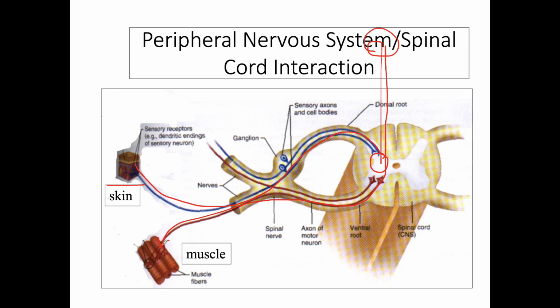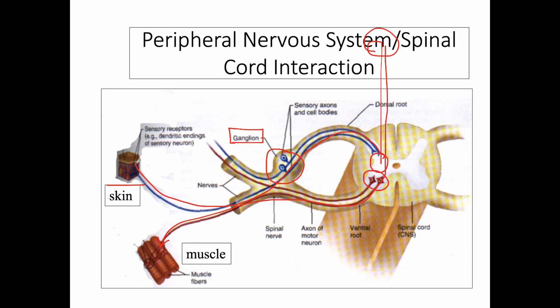The two things I want you to notice here: that the incoming signal was through a unipolar neuron. Notice here you have the cell body and a single extension from each of them. When the cell bodies cluster together, it's called a ganglion. Remember that? And then the output signal is through a multipolar neuron here.